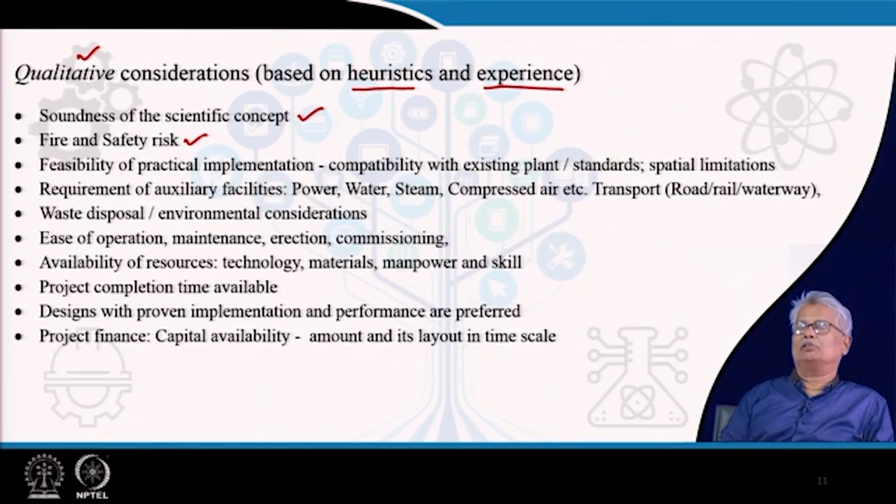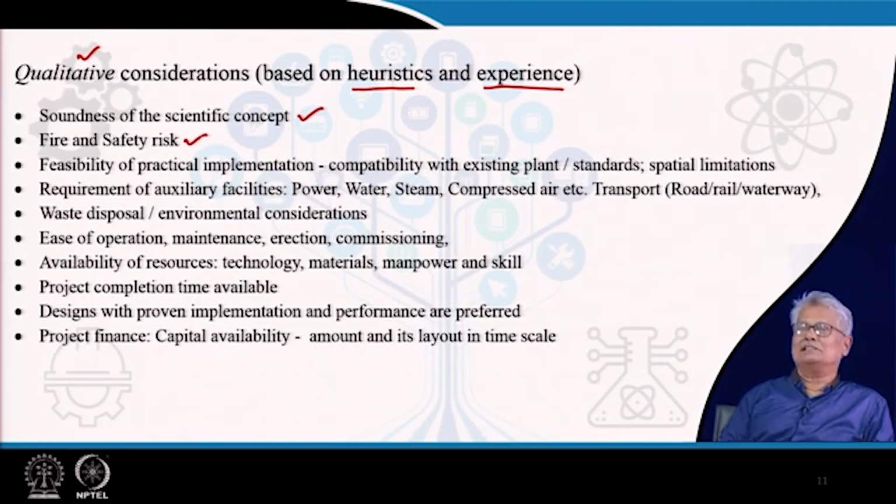For example, if you are talking about a plant, what is the power requirement? Where will it be sourced from? What is the water, steam and compressed air requirement for its running system? What exactly is the transport arrangement for the material that has to reach? Not only that, you have to think about the transport of the equipment to be erected at site.